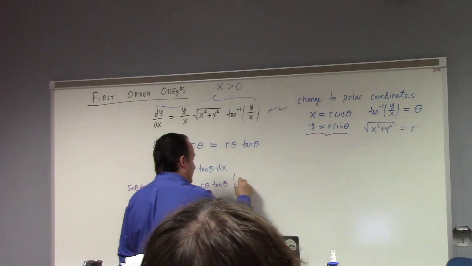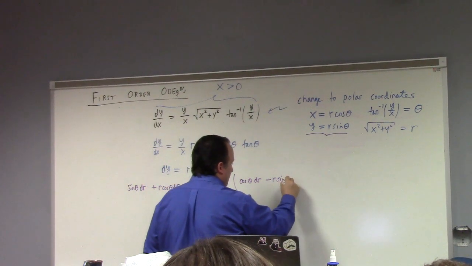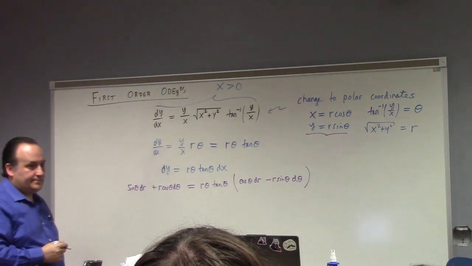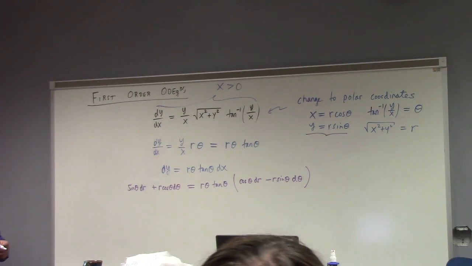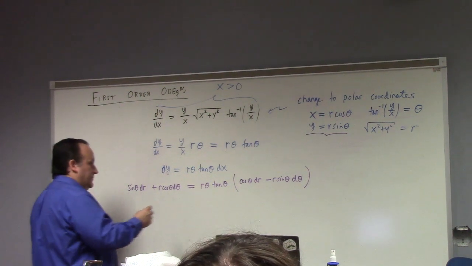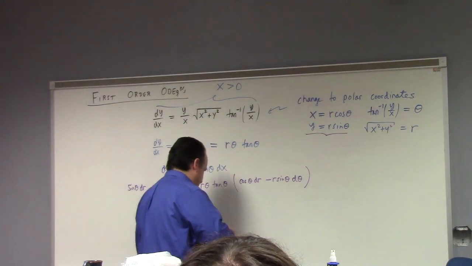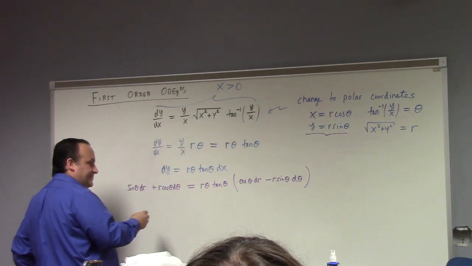Well, dx is cosine theta dr minus r sine theta d theta. Now we have a Pfaffian form in r and theta. Perhaps we could solve it. I don't know, I just made this problem up for you guys.